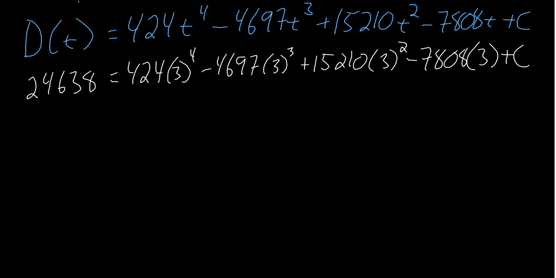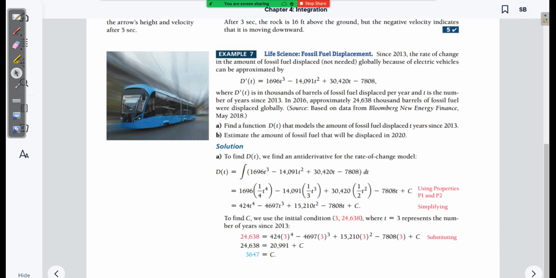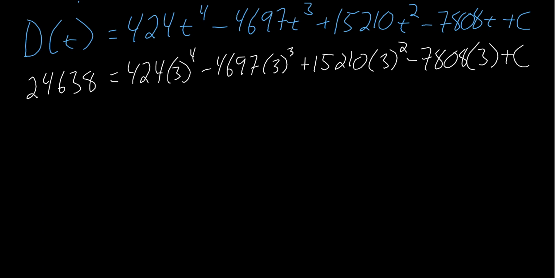Okay, so I'm going to cheat a little bit and just go ahead and figure out what c is. I'm just going to snip it in here instead of putting this onto my calculator. It's 3647. So we have c is equal to 3647. So that means now my function D of t is finally done.